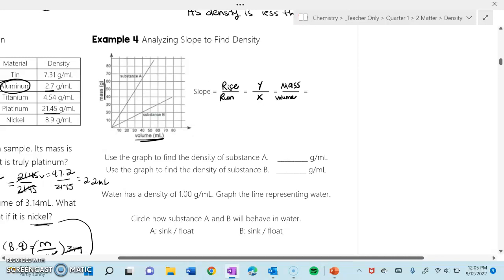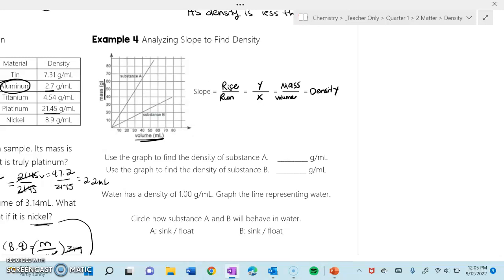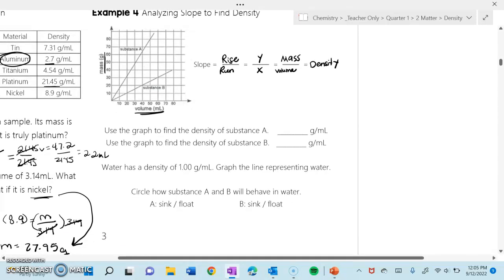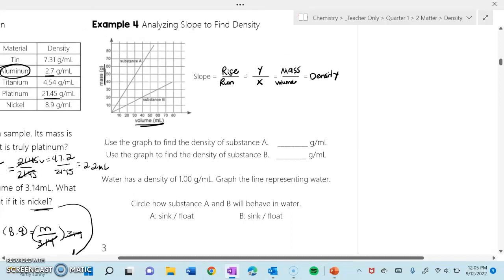That should look familiar. M over V, that is density. So, by this work here, we can see that the slope of a mass versus volume graph is the density. So let's apply that to find the density of our samples from its graph.